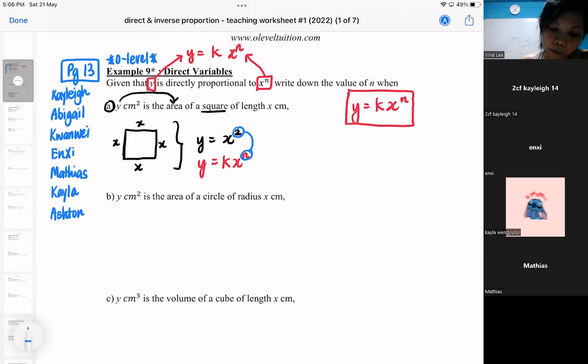In fact, you also get the answer for k, but they never ask for k, so I won't answer them. If I compare, my n is 2, and if they need it, k is actually equal to 1.